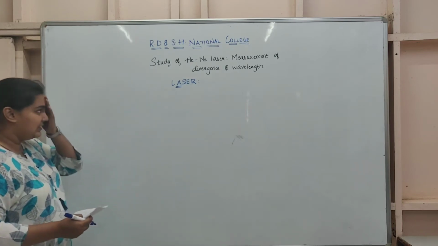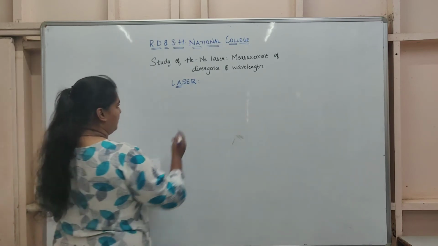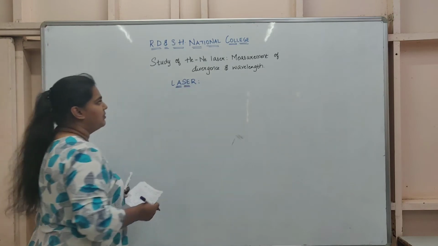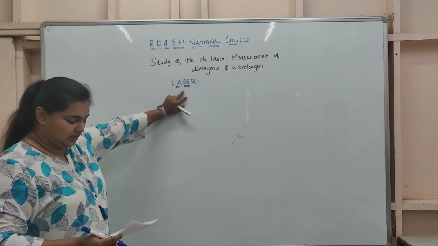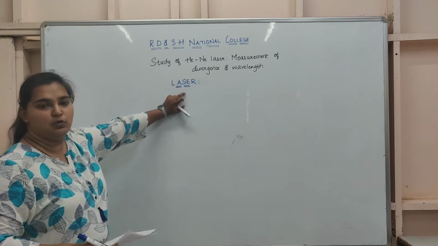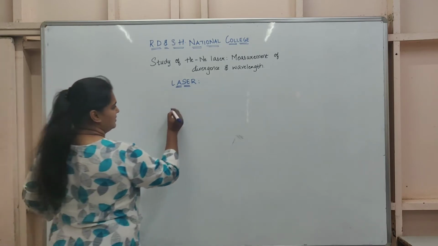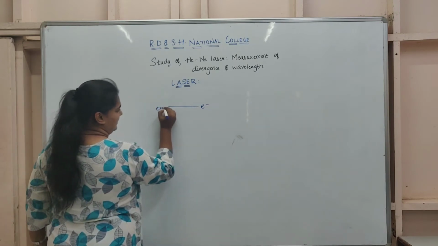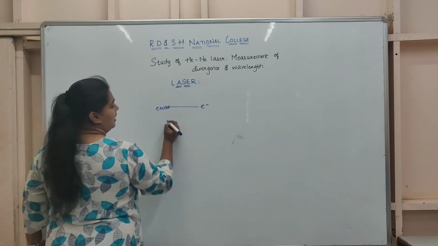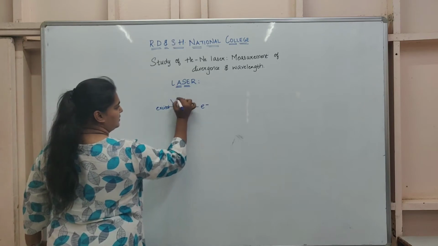And by stimulated emission, we mean a process wherein incoming photons excite the electrons in the metal, causing them to drop to a lower energy. So suppose an electron is at an excited state. This is my excited state. There are incoming photons.